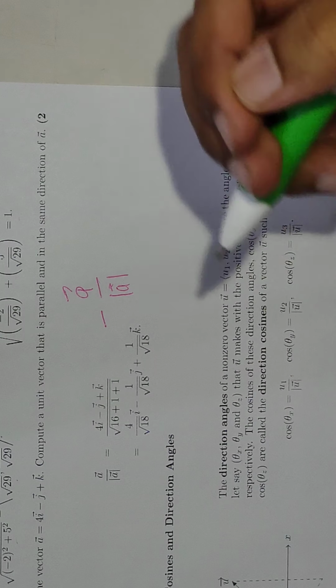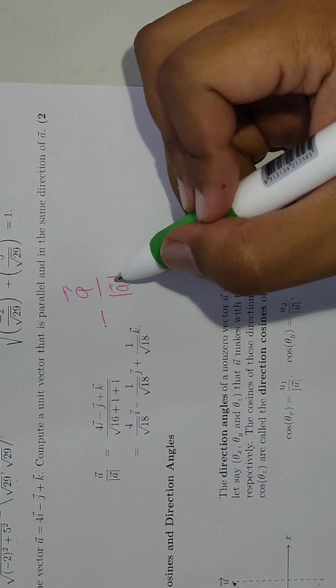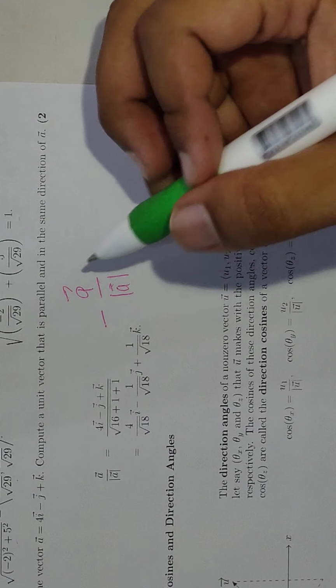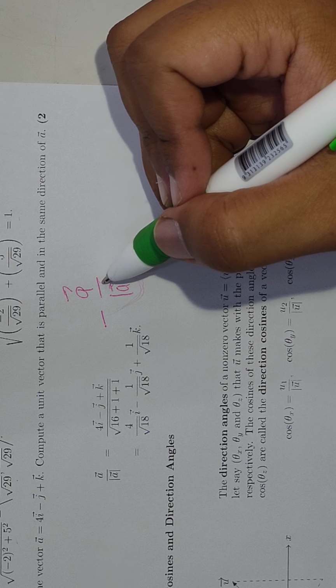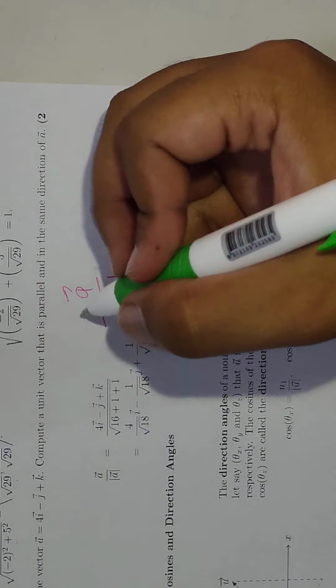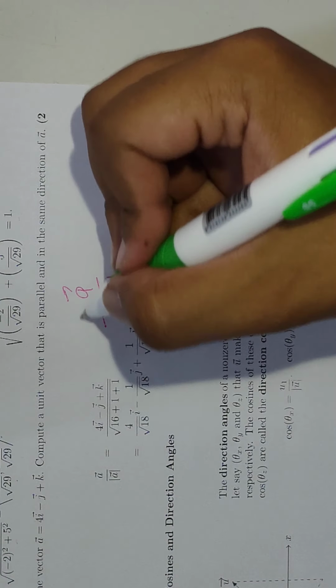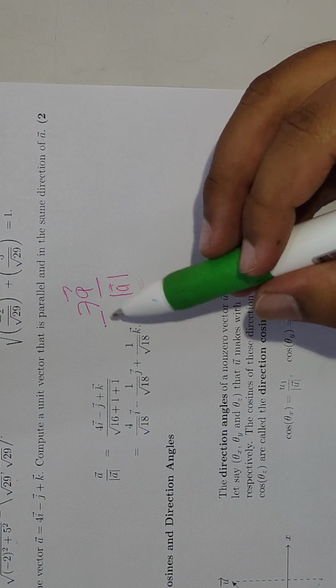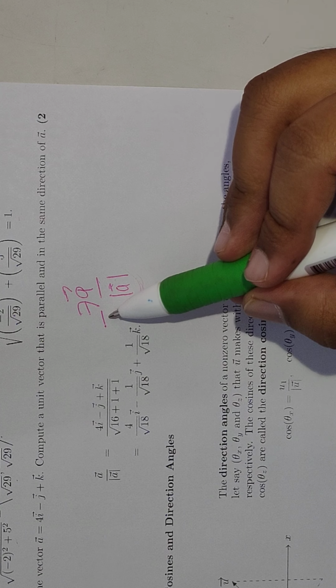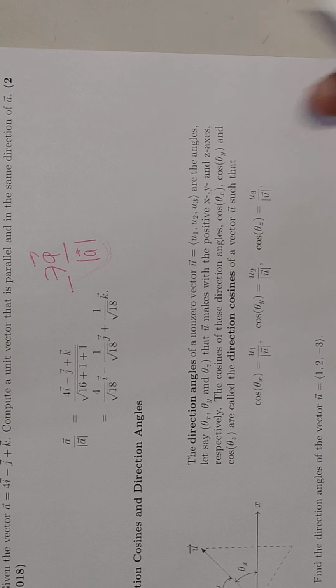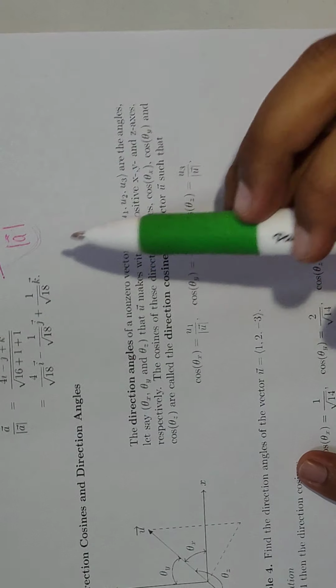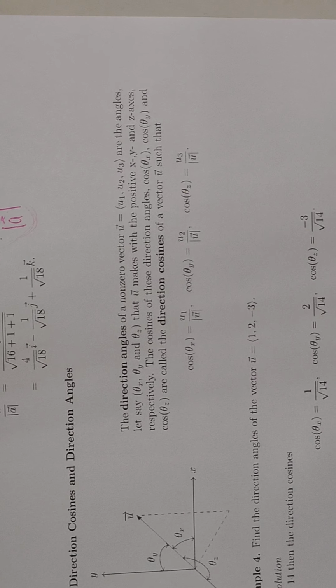We know that the magnitude of a unit vector is 1. If the question wants a vector that has a magnitude of 7, then you just multiply the unit vector by 7. Therefore, we have negative 7, negative because of the opposite direction, and 7 because the question wants a vector with magnitude 7. Alright.